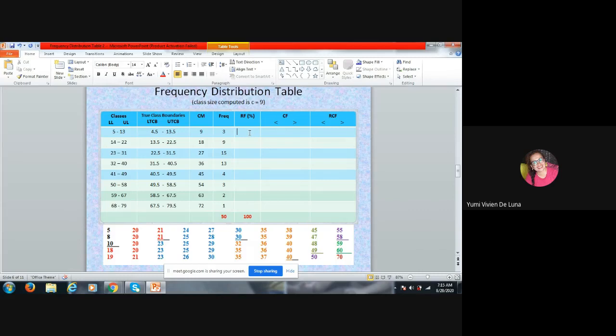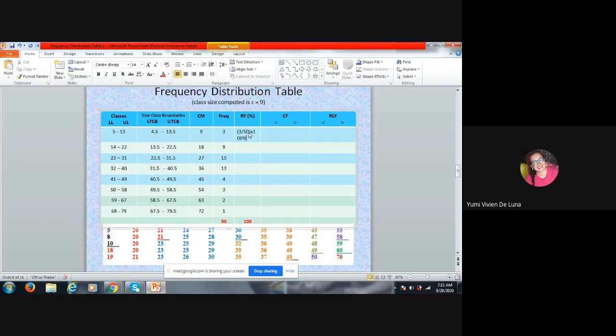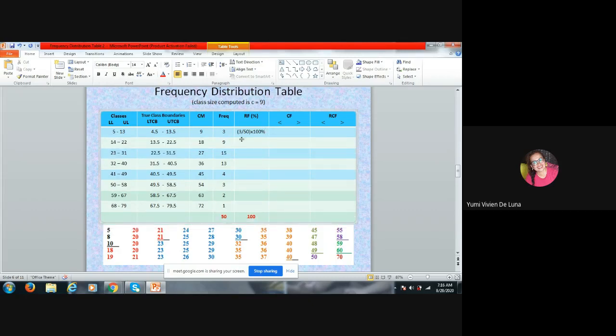So to get the first value of your RF, it is the frequency over the total number of observations. Then just multiply that by 100%, because all the values here are equivalent to 100%. Okay, so that's the formula. F divided by 50 times 100.